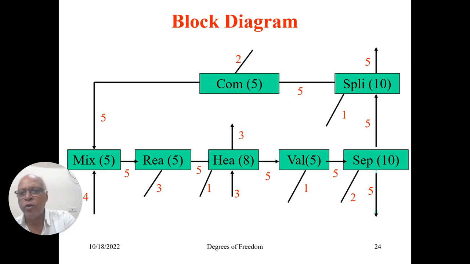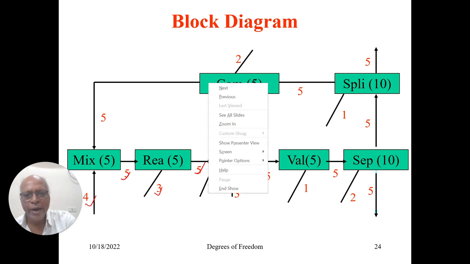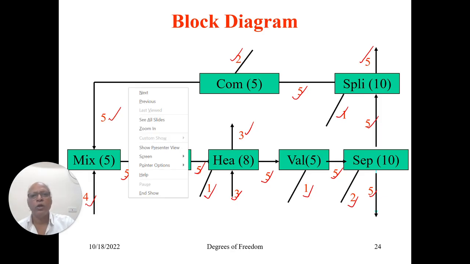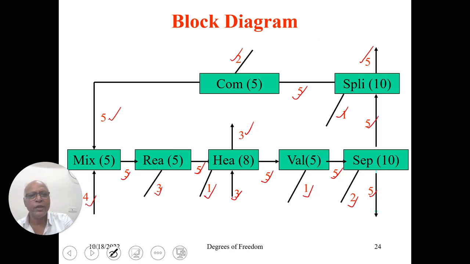Tick mark so that we will not be missing. 4, 5, 9, 12, 5, 17, 18, plus 3, 21, plus 3, 24, plus 5, 29, 30, 35, 37, 42, 47, 48, 53, 58, 60, 65.